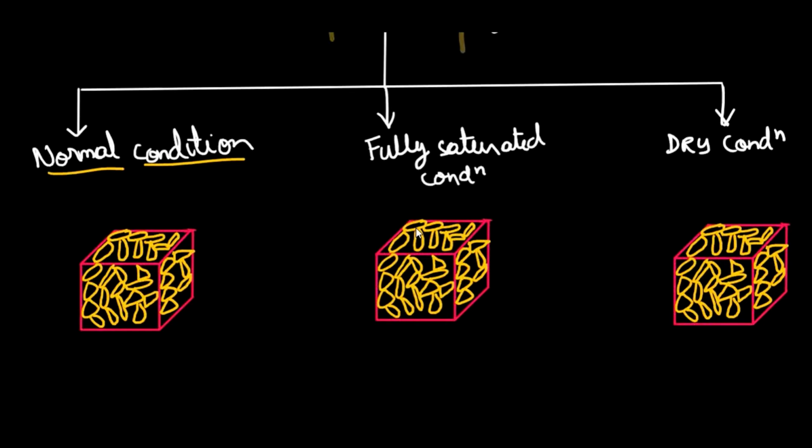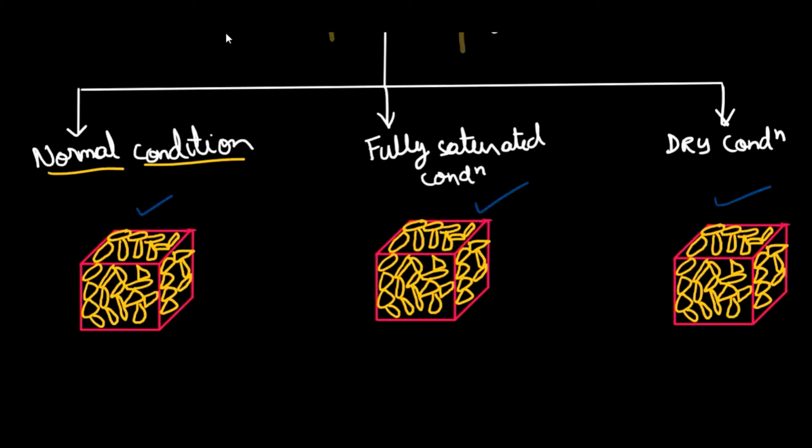These were the soil samples that we took. These were the cubic samples. Now let us further analyze how these cubic samples will look in different conditions. First one is normal condition. In normal condition, what is the case?